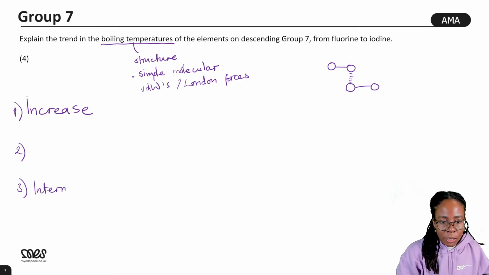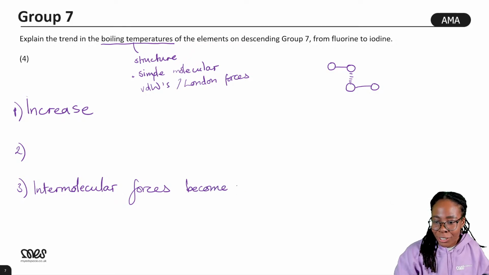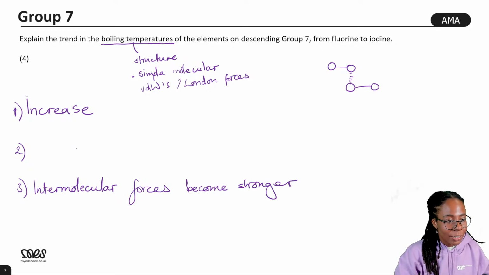What becomes larger? Why are there more forces? More electrons. BK, shout out to you. Excellent.